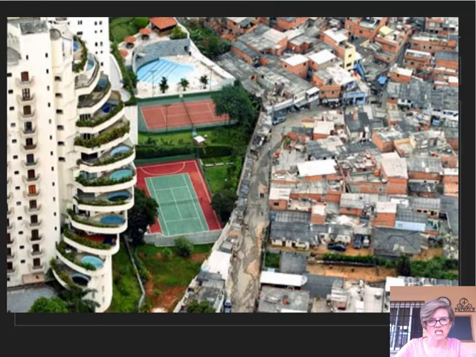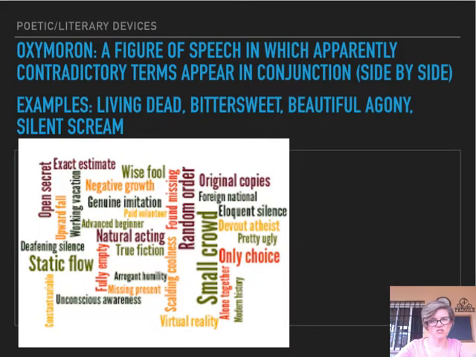Okay? And the next term also has to do with contrast, and that's an oxymoron. An oxymoron is when you've got two words placed side by side that have apparently contradictory terms, okay? But when they're placed next to each other, they create really startling or vivid or powerful impressions or effects on us.